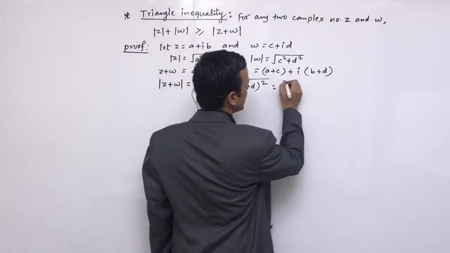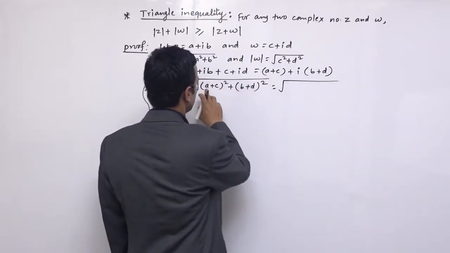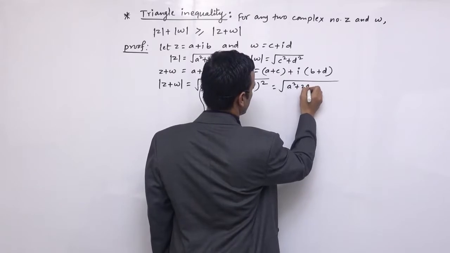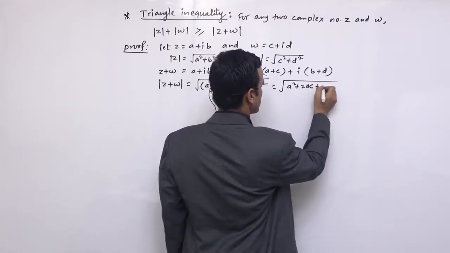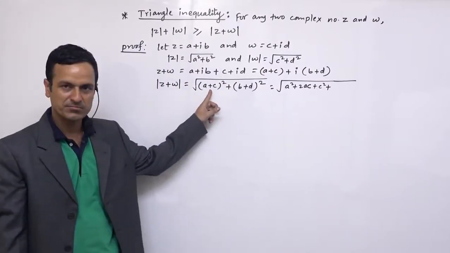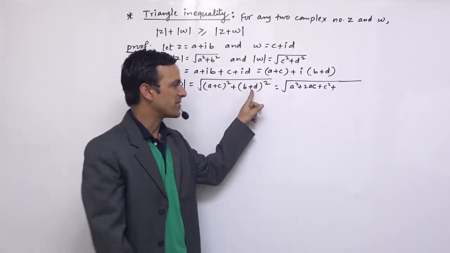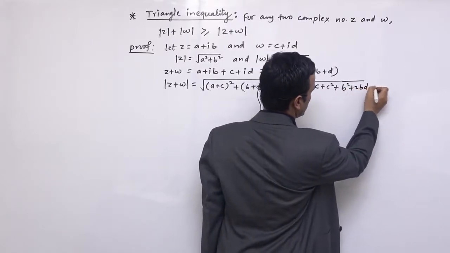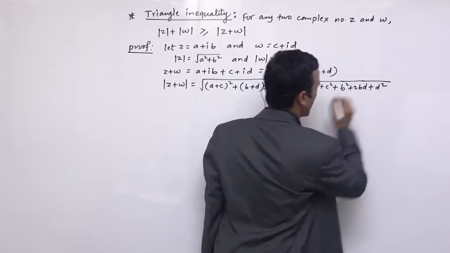If we expand like this, then this will be the result. Now a square plus 2ac plus c square is the formula of this term, and the formula of this term is b square plus 2bd plus d square.